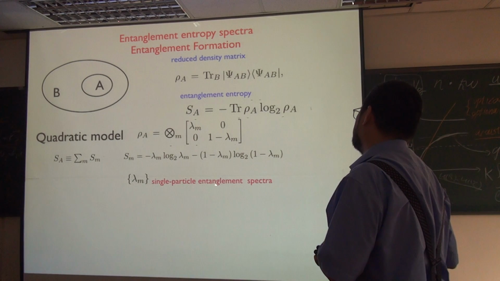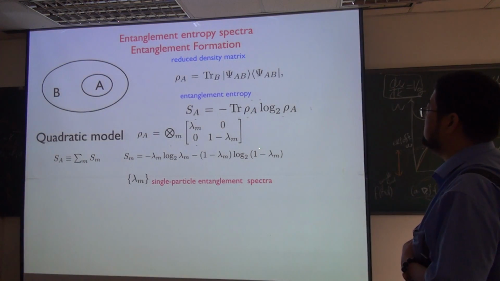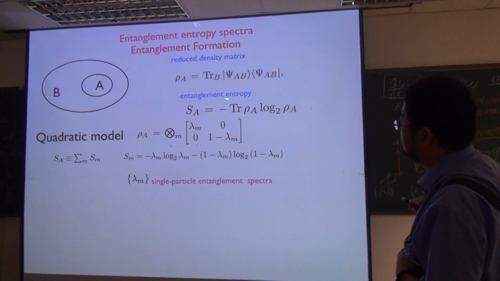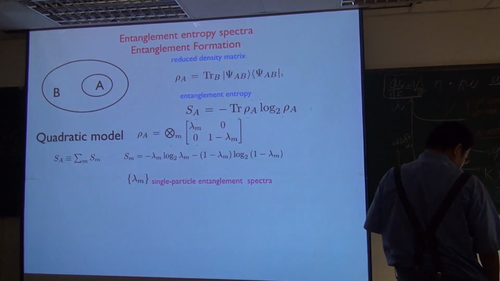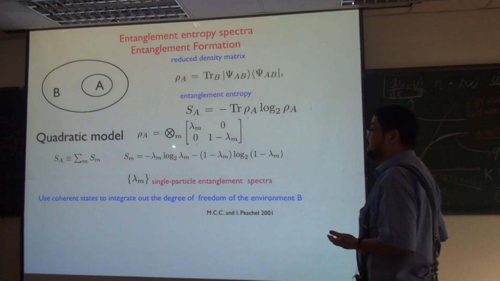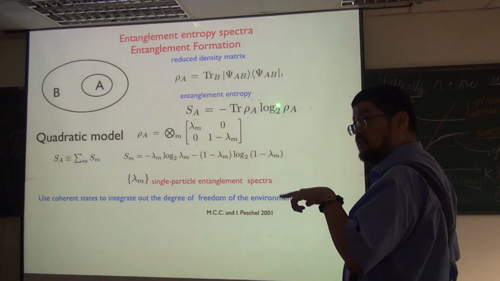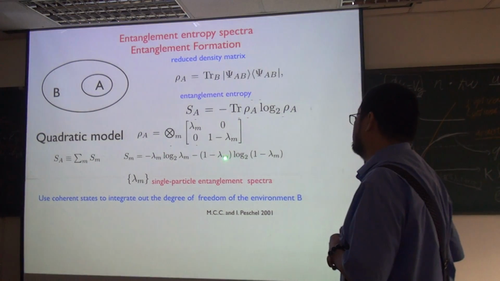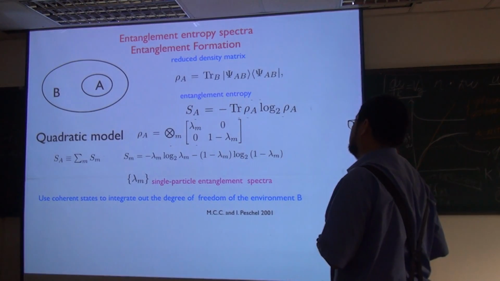You have single particle entanglement spectra because you separate different modes, and the many particle spectra is when you consider the whole together. You have to use your pen to understand that. However, for the many particle entanglement, you have 2 to the n dimension, but for the single particle you have only n dimension for a system with size n.